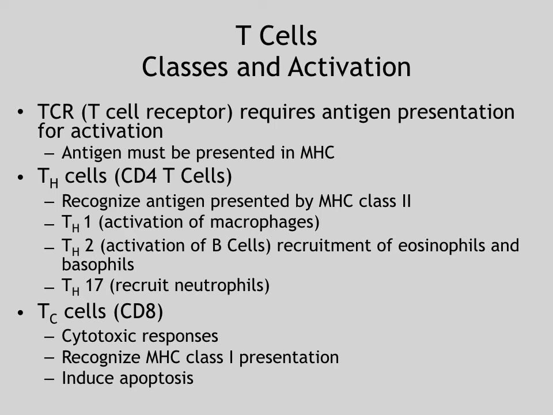And the more closely those genes match, the lower the rejection rate between the recipient and the donor. That's why identical twins can exchange organs, so to speak. An identical twin could donate a kidney to the other twin and there wouldn't be rejection because genetically their MHCs are the same.